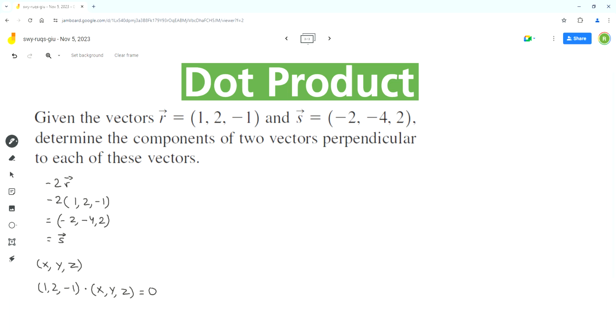Now we can do the dot product. We should multiply the x, y, and z components. Now we can simplify the expression on the left side.